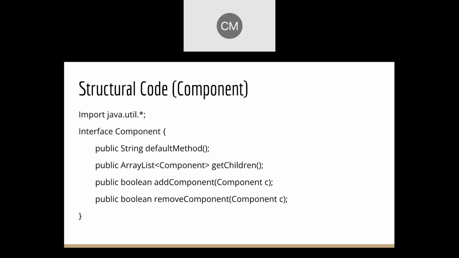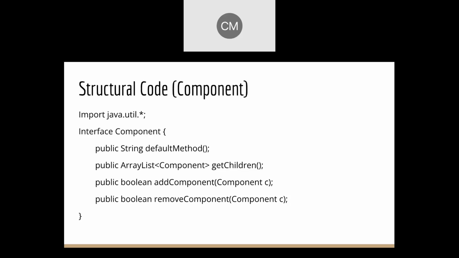So, a public ArrayList of components called getChildren is one of the methods, and that'll just return all the children. Note that, of course, leaves don't have children, so we will see how to implement all of these last three operations in the leaf implementation.